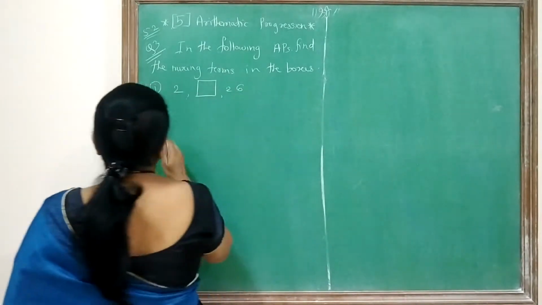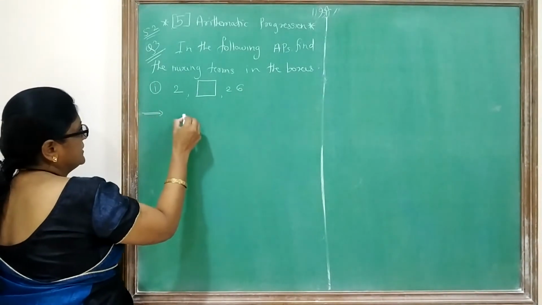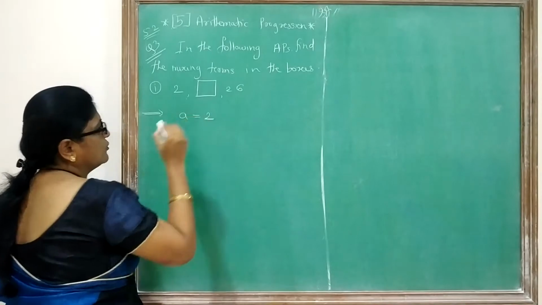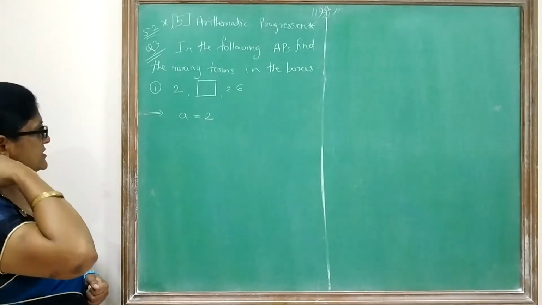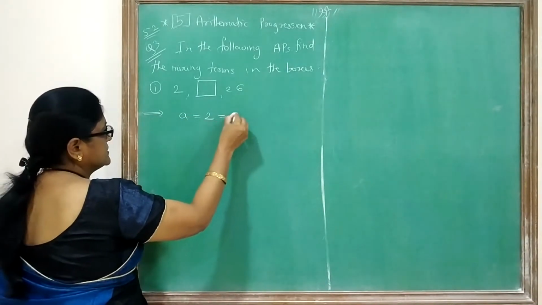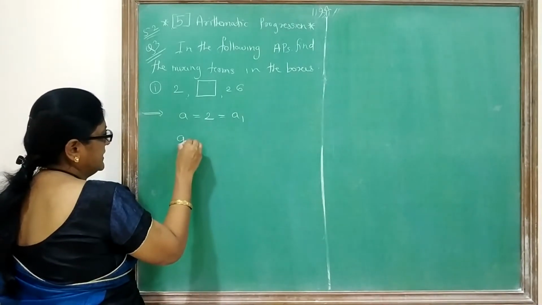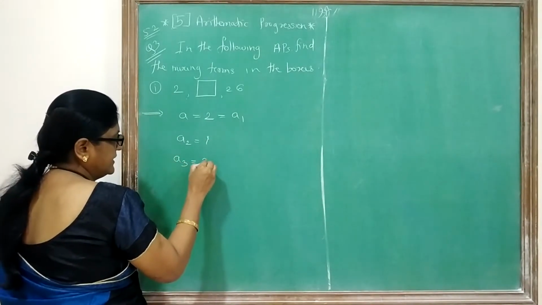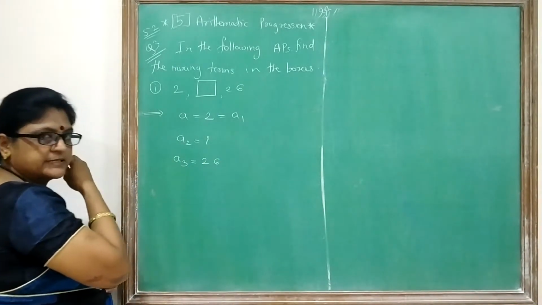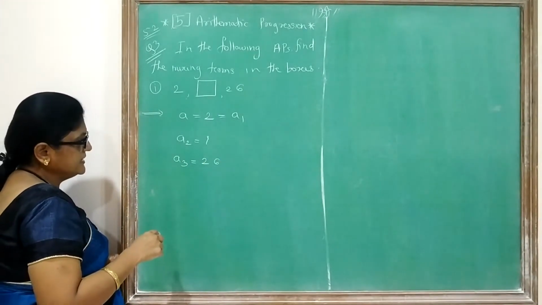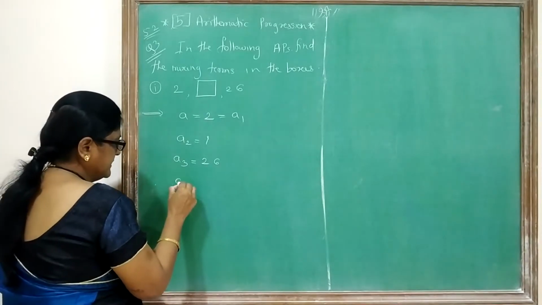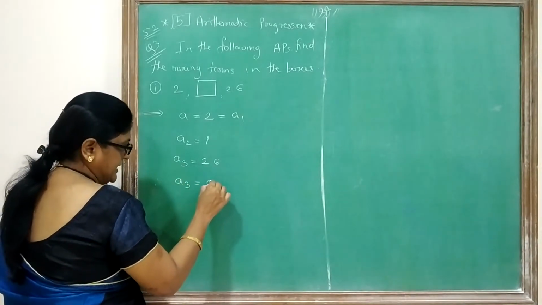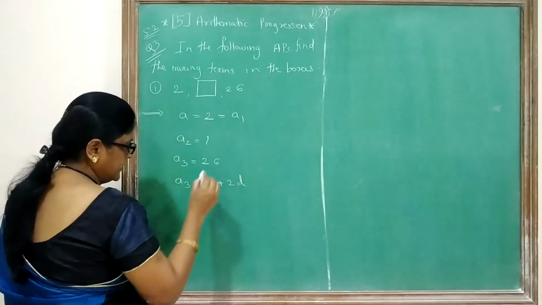Here your A is 2, because this is your first term, equal to A1. Here A2 is not given. Here A3 is 26. Then you will write A3 equal to A plus 2D.